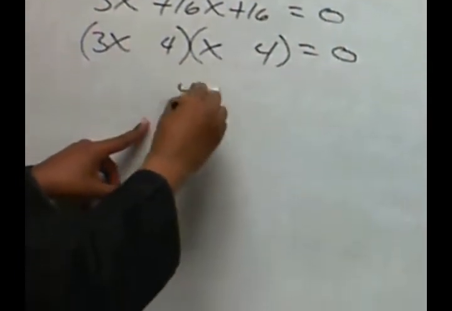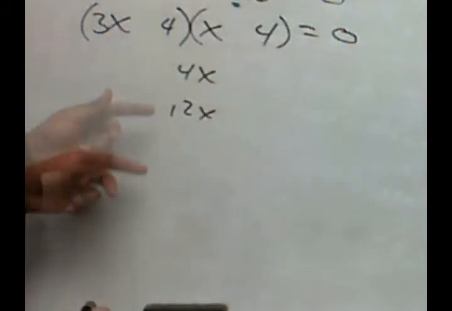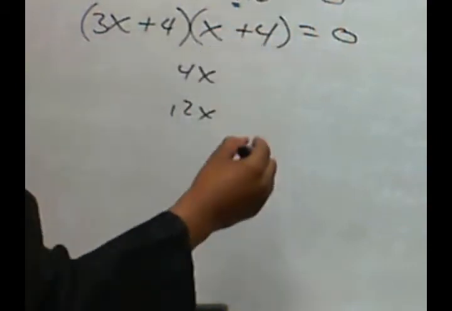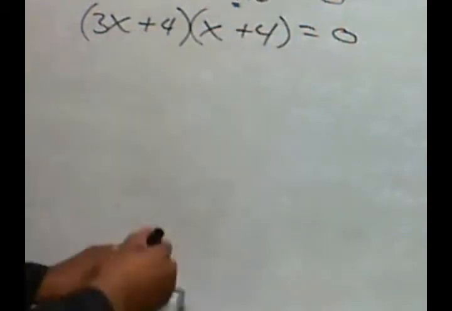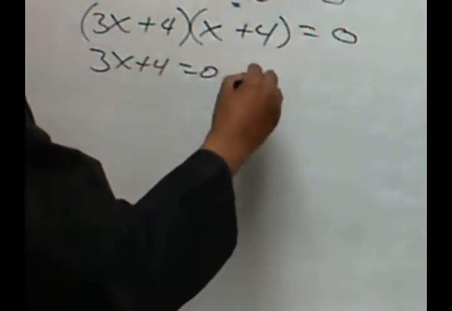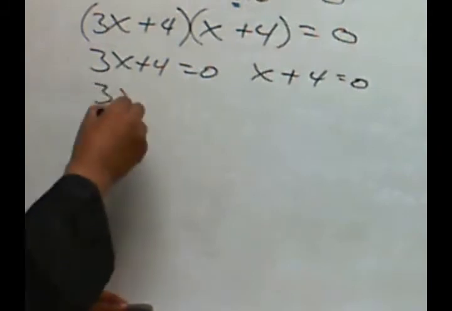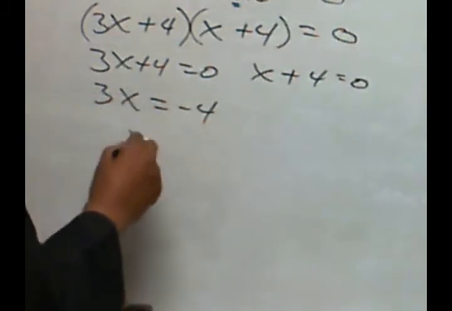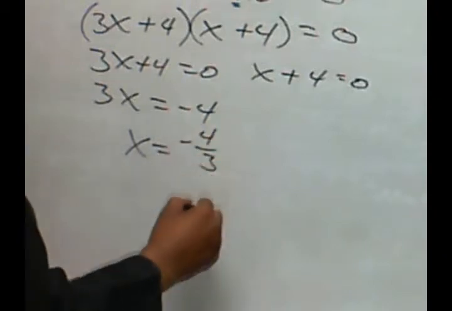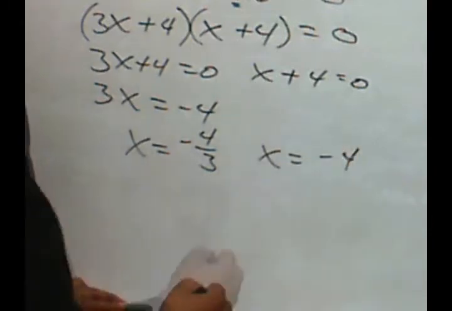Inside we'll get 4x, outside we'll get 12x, and the signs have to be the same. And this would make our 16x. So both signs are positive. So this implies 3x plus 4 can be set equal to 0, and x plus 4 can be set equal to 0. 3x will be equal to negative 4, and this implies x equals negative 4/3. Here, x equals negative 4.